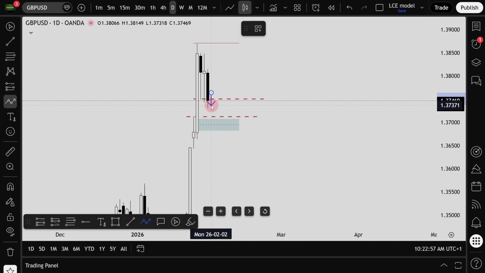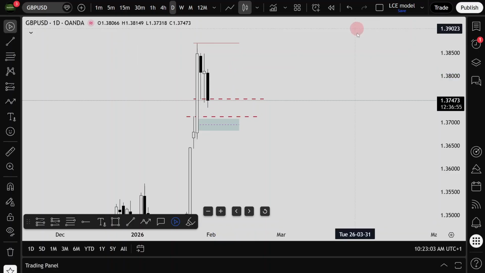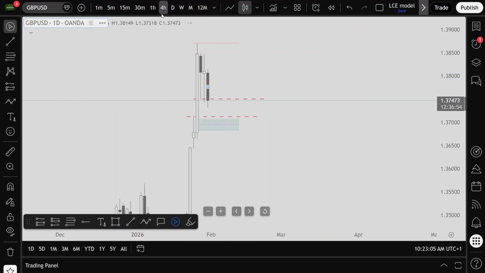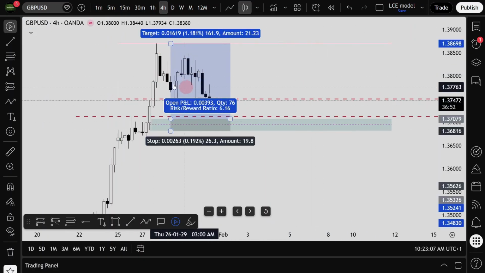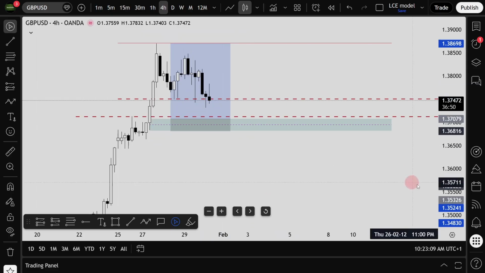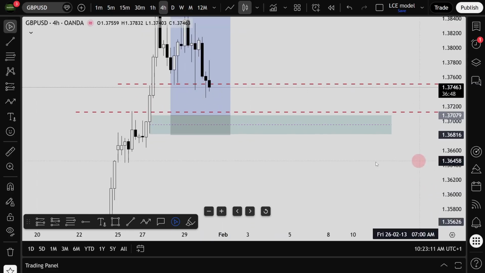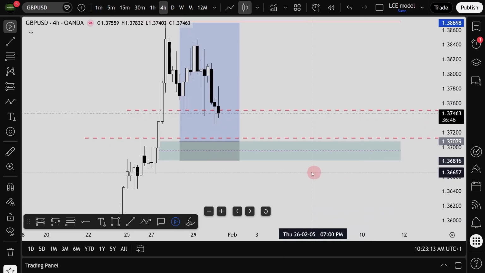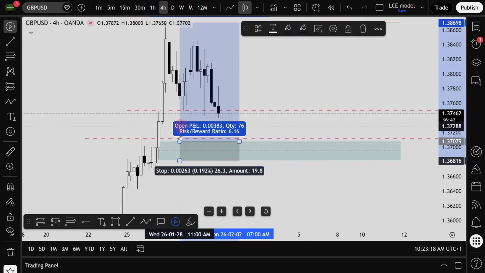What will I now be waiting for? If I don't want to take a direct entry here for price to reverse, I'll be waiting for the 4-hour time frame to create a new bullish fair value gap. This means that right here, imagine I'm not taking a direct entry and I delete this.